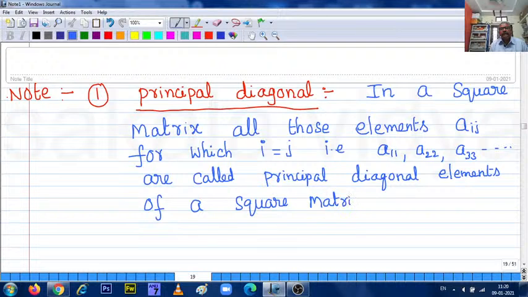My dear children, please remember, principal diagonal is confined to the square matrix only.